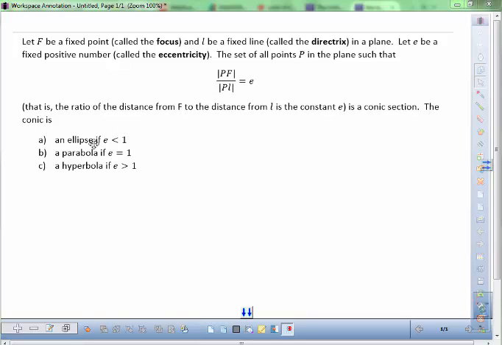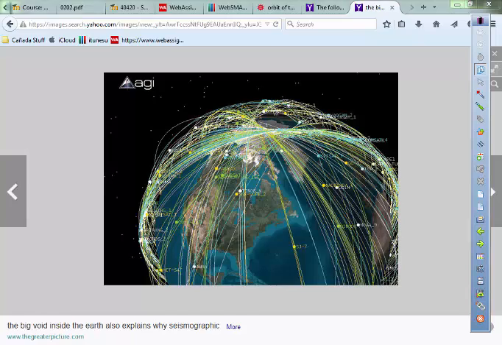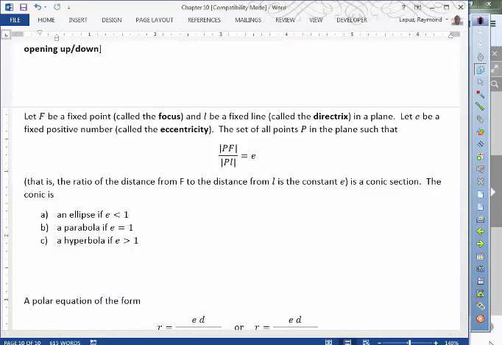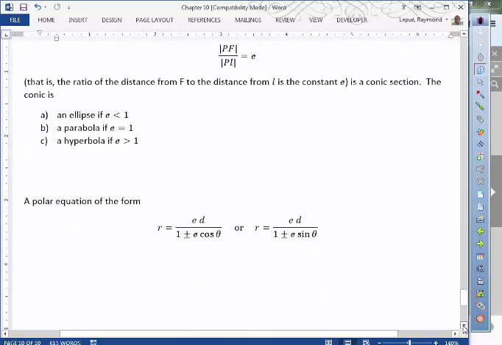All right, so this is the basic idea of eccentricity, but what we really want to do is be able to play around with it and see what the equation is that we're going to be dealing with. We want it in polar coordinates. Polar coordinate equations will look like one of these 4 things.